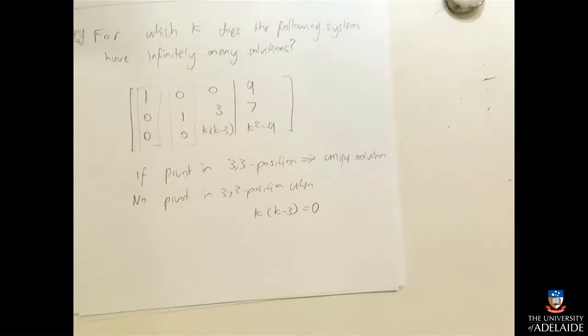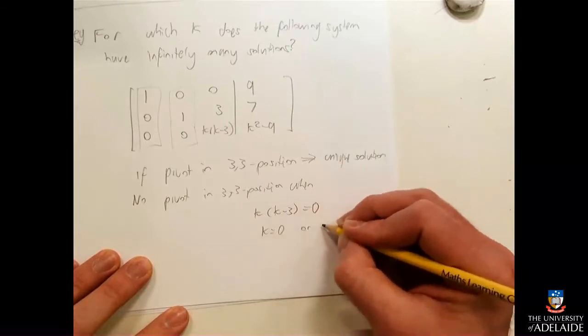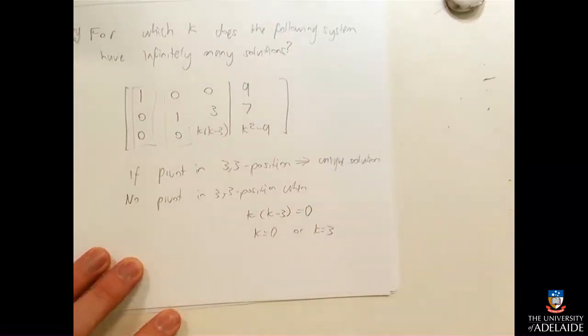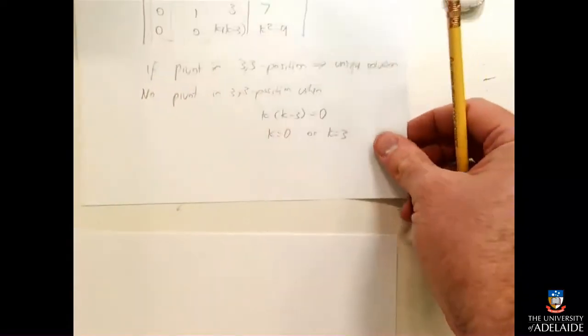And if k times k minus 3 is 0, that means that k is 0 or k equals 3. All right? So that's what we have so far. So far we know that it would have a unique solution unless k is 0 or k is 3, and we're looking for infinitely many solutions. Those are our options, and we should just see what happens when k is 0 and k is 3, and see what it looks like.